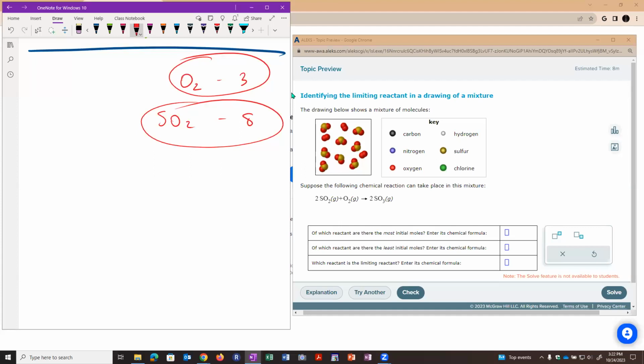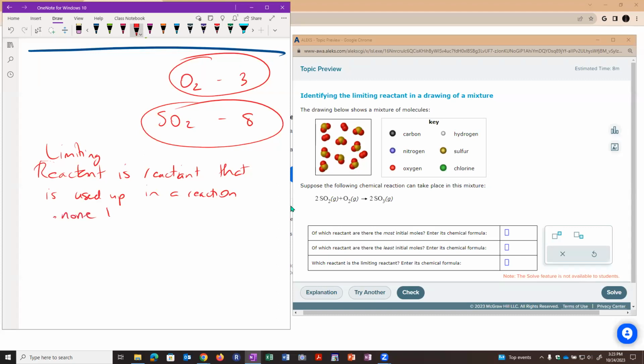And then it asks, which reactant is the limiting reactant? So the limiting reactant is the reactant, one of the things that we're starting with, that is used up first. Because it's used up, if there's none of it left over at the end, it limits or stops the reaction from going any further.